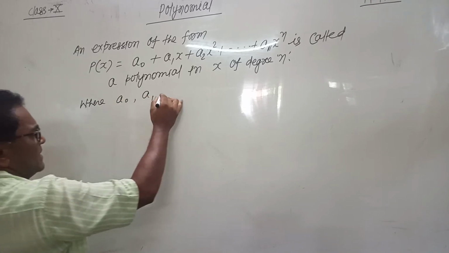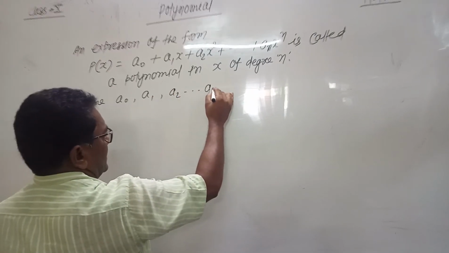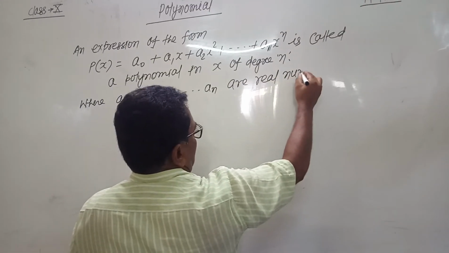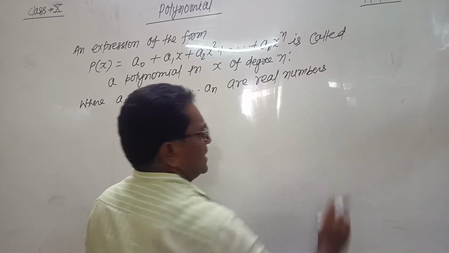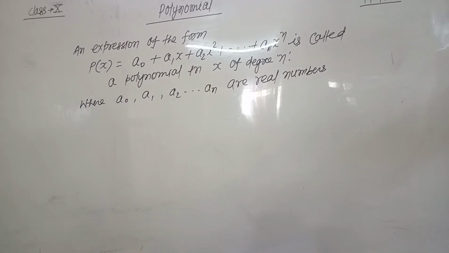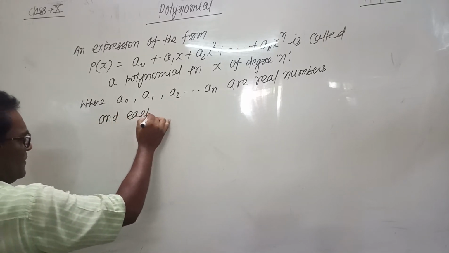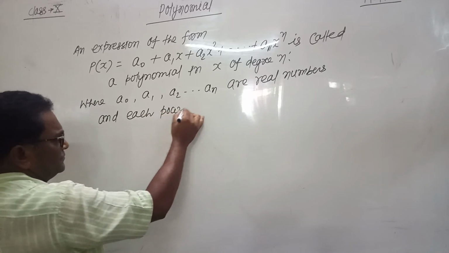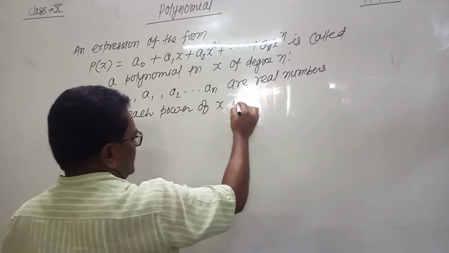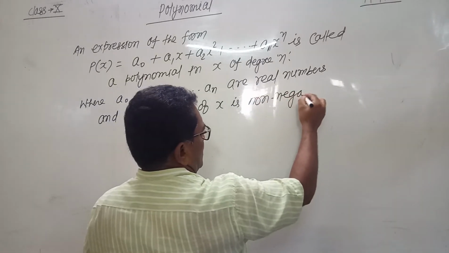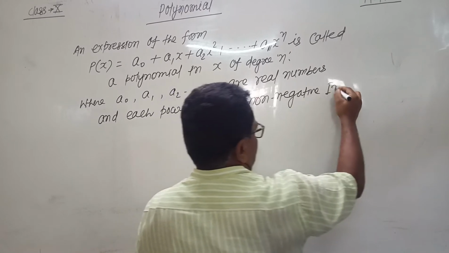Here a0, a1, a2, an are real numbers, and each power of x is a non-negative integer.